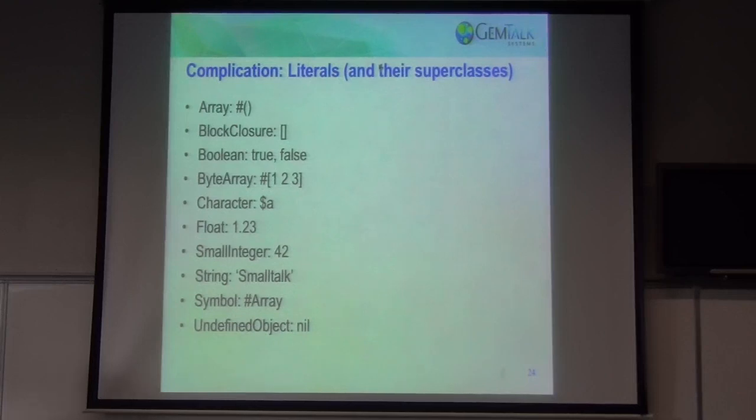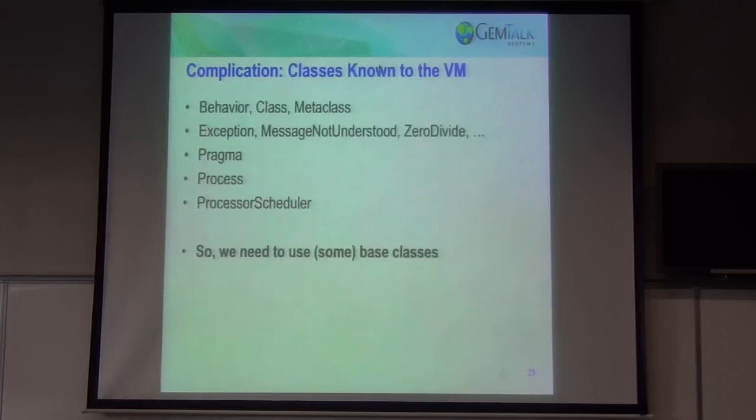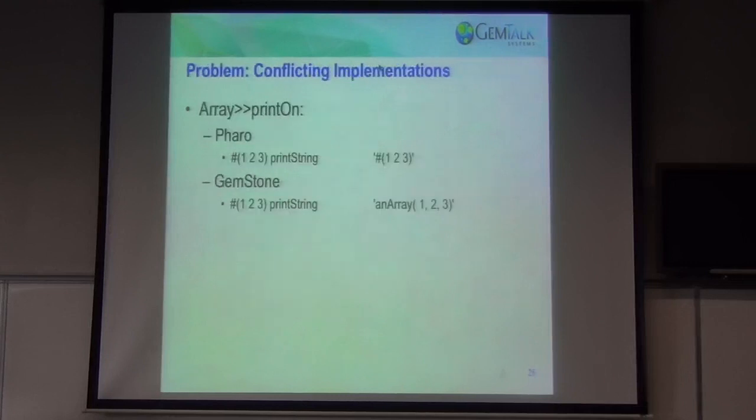So we lose the ability to have a completely separate array class through this. And there's a number of other things that have a similar problem. There's some other classes behavior. When you send message not understood, that's sent from the virtual machine. Block closure and so on. So these are challenges.